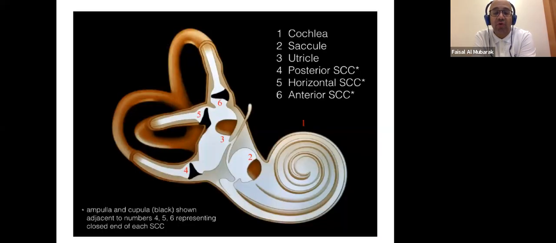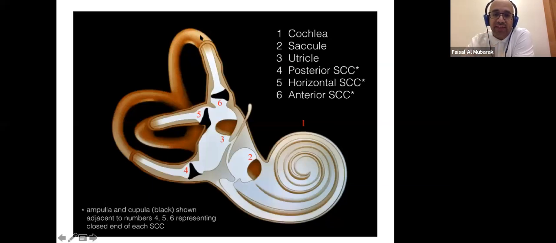There are a few things I want to share with you regarding the anatomy of the vestibular system. If we look at the semicircular canal, we have 2 canals inside each one.